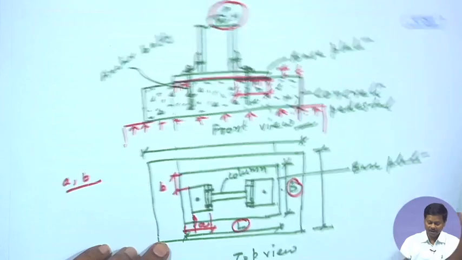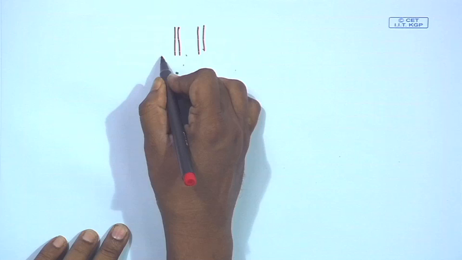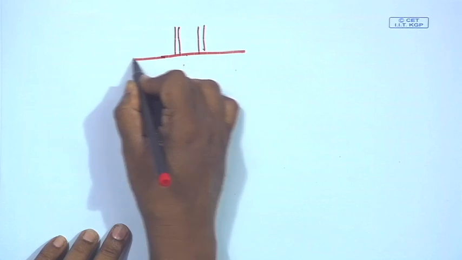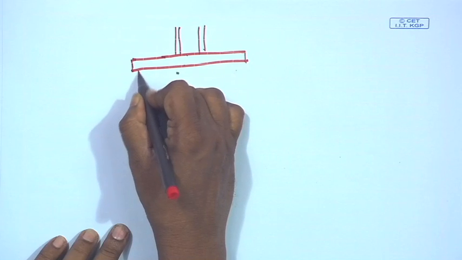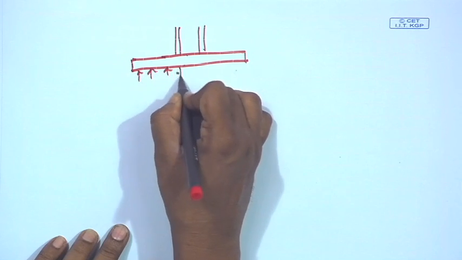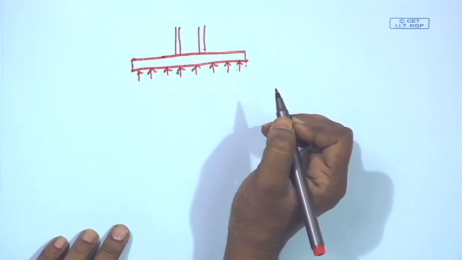So, to find out the thickness of the plate, we can find out the bending moment coming. If we see, the column is rested on the base plate, and the base plate is having uniformly distributed load coming from the concrete.